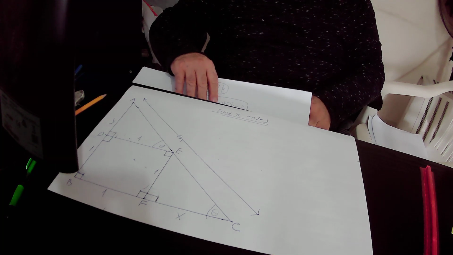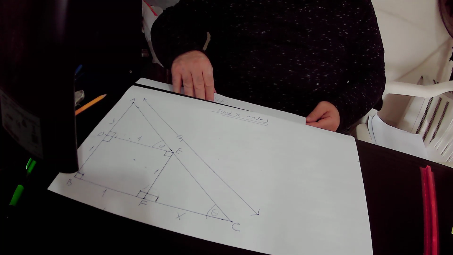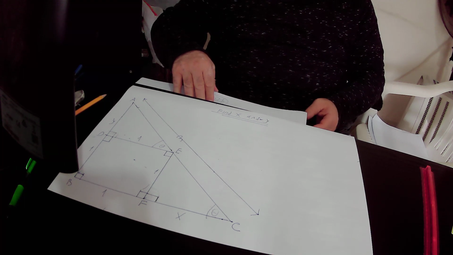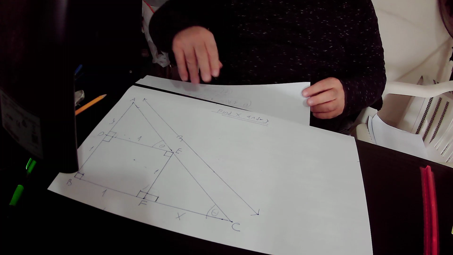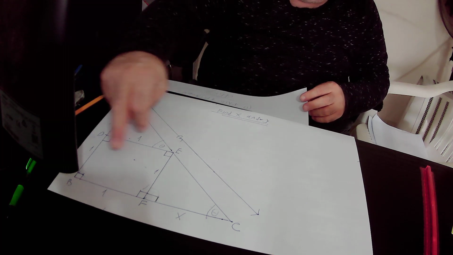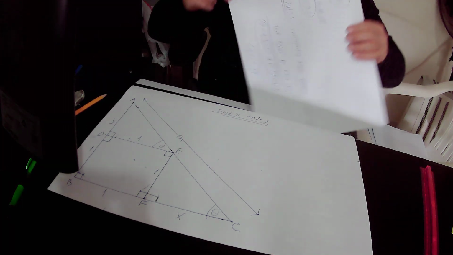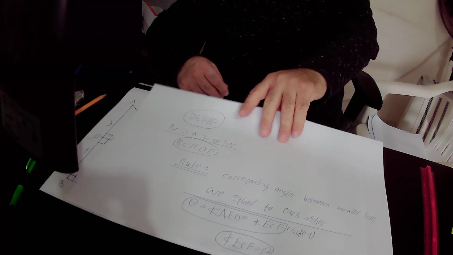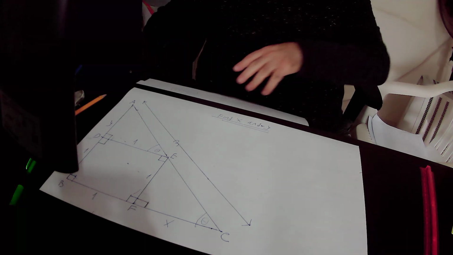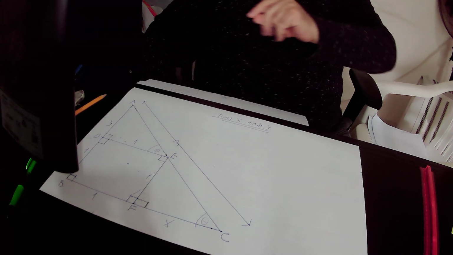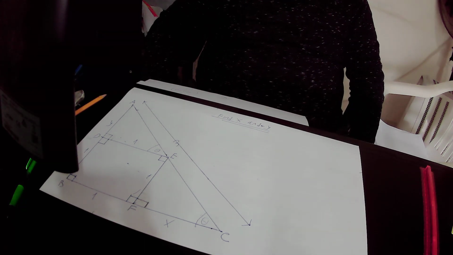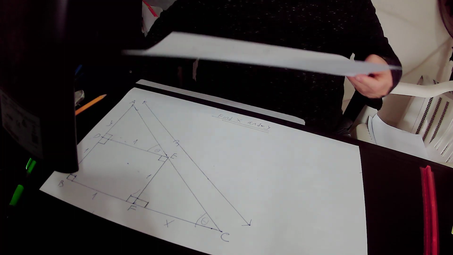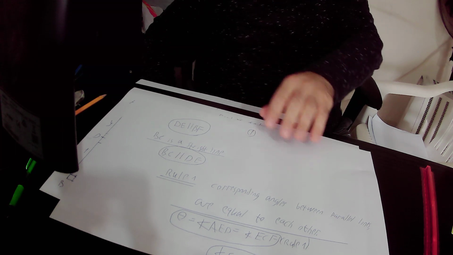So first of all, we know that the opposite sides of a square are parallel to each other. That is to say, DE is parallel to BF. And we know that BC is one side of the right triangle, triangle ABC, therefore it is a straight line.